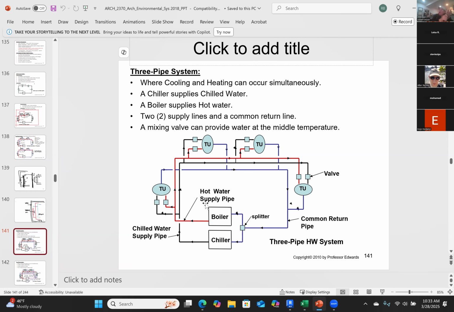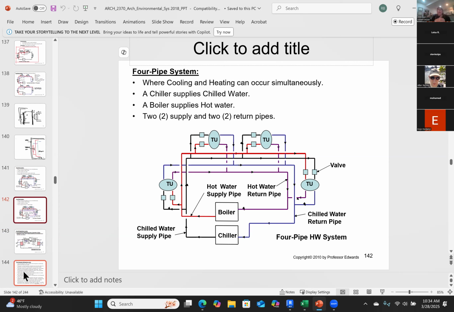The two supplies are hot and chilled water. The return is a combination. Both of the output from each terminal unit goes back into a return pipe. And so when we get to the last, which is what? The four-pipe system, now we have two pipes to supply chilled and hot water, and two pipes to return chilled and hot water.